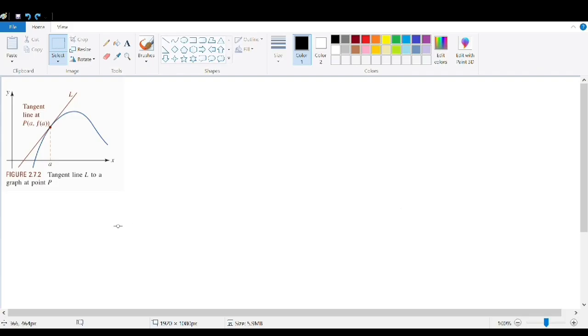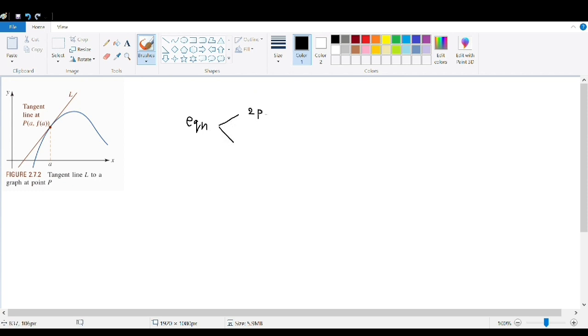Let us have this graph of a function y equals f of x, which is a continuous function, and this function has a tangent line L at the point A, and this is the point B, where B is (a, f(a)). And we know that to have an equation for any line, we need two things.